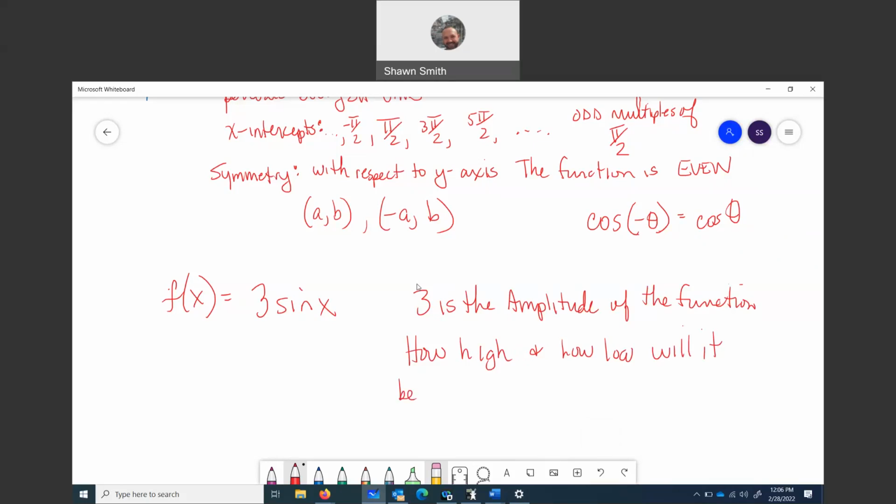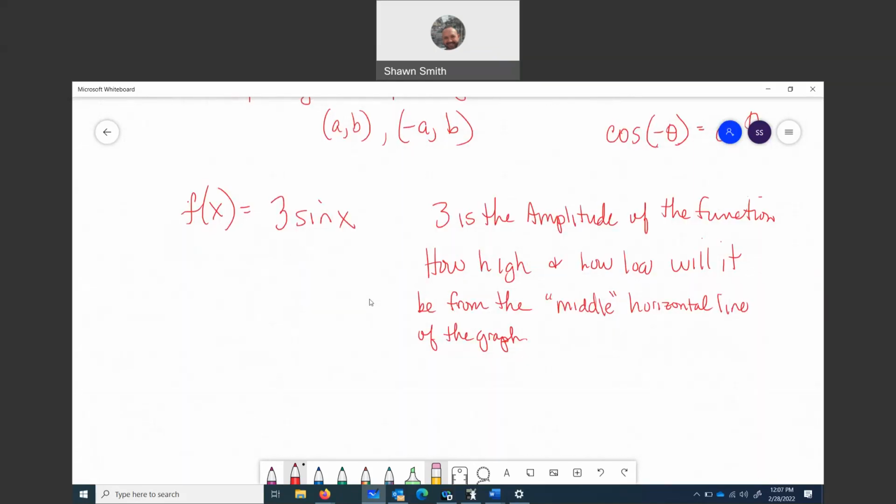So how far high and how far low will it be from the middle horizontal line of the graph? So we usually denote it with this notation. You might see f of x is equal to a times sine of x. A is the amplitude, absolute value of a, that is.